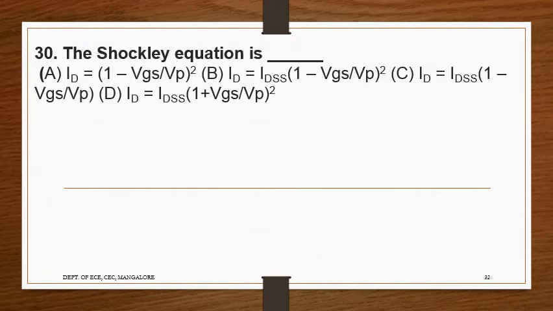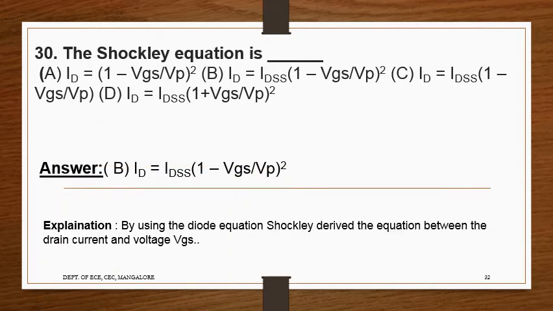The Shockley equation is: A, ID is 1 minus VGS by VP whole squared. B, ID is IDSS into 1 minus VGS by VP whole squared. C, ID is IDSS into 1 minus VGS by VP. D, ID is IDSS into 1 plus VGS by VP whole squared. So clearly Shockley's equation is B.